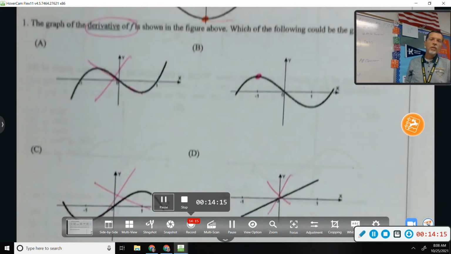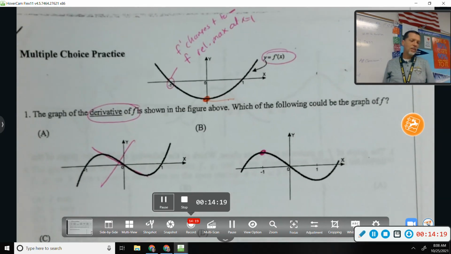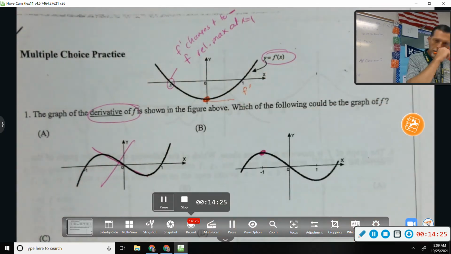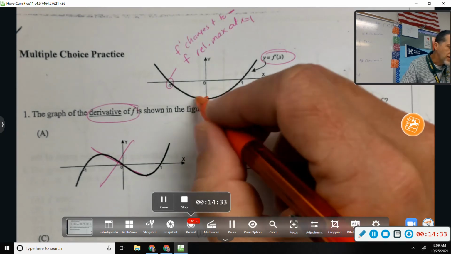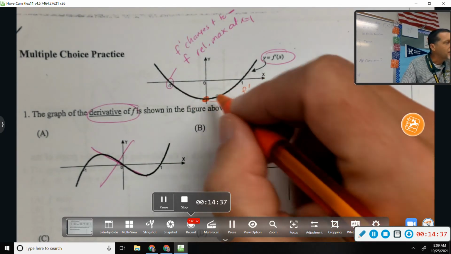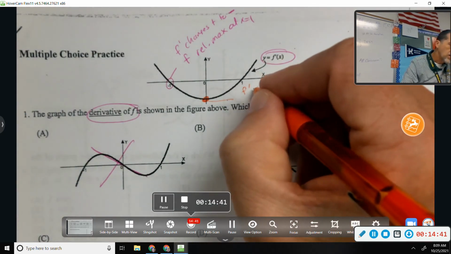One more thing though about x equals 0, because we struggled with this a minute ago. What's happening to f? Well, let's first say what's happening to f prime at x equals 0. Well, it doesn't change. F prime doesn't change from negative to positive. F prime is all negative down there. There we go.